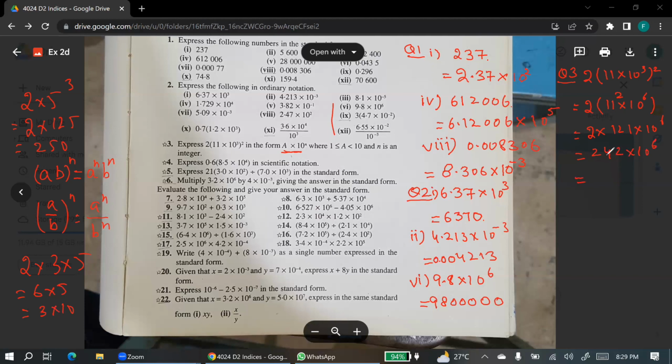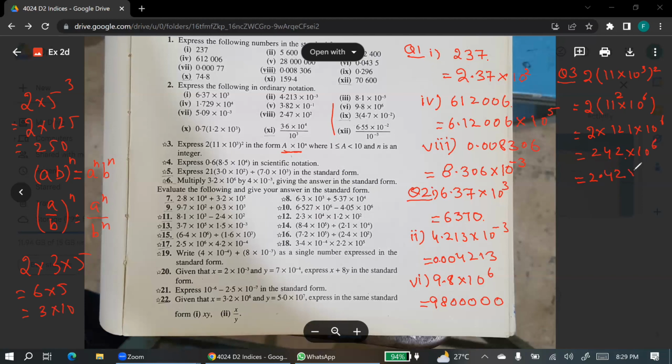Now the decimal point is at the end, that is 242 point. We want to move this decimal point after the first digit. Now the new number is smaller or greater? This is smaller.